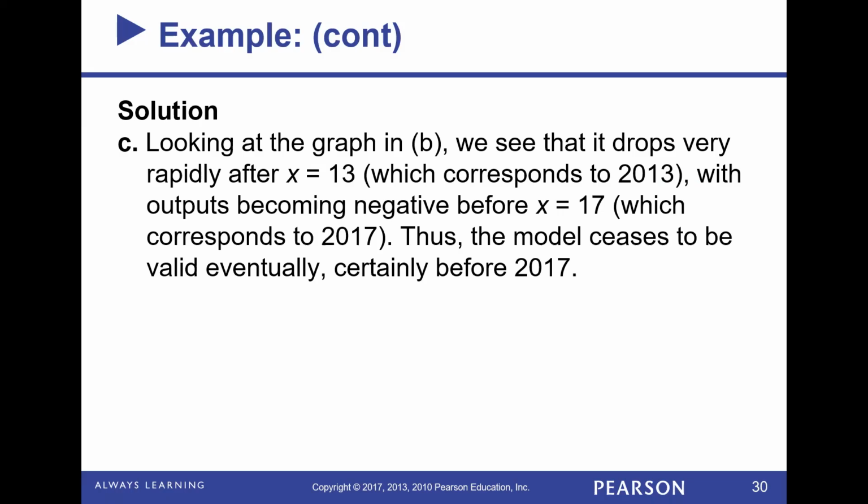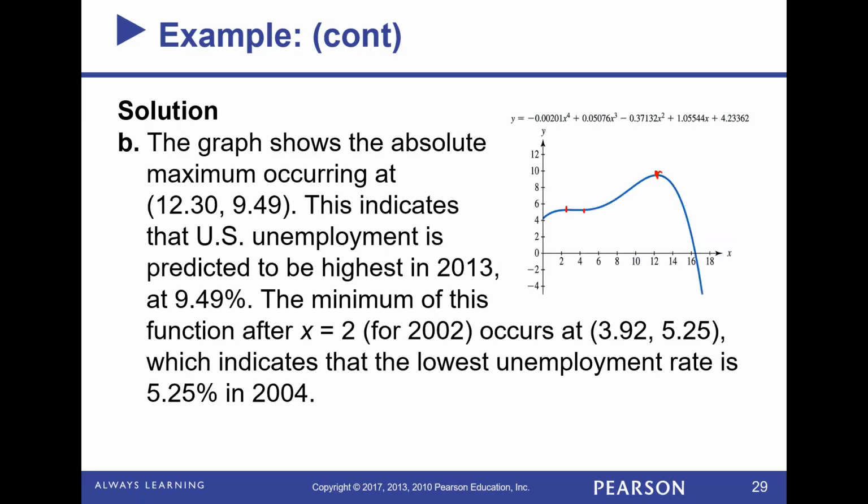So keep that in mind: models are only going to be good for a short period of time, and they can go out of existence very quickly. I say this because, let me bring this back up so you guys can see the picture here. As you can see, at some point right after 16, it goes into the negatives. And remember that these outputs, these Y values we're looking at, are percentages, and there's no such thing as a negative percentage for unemployment.